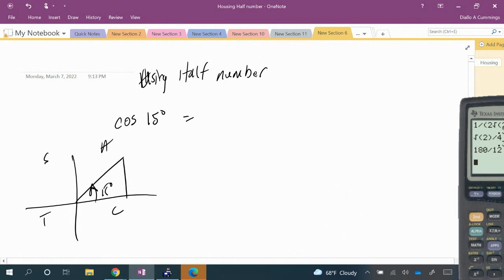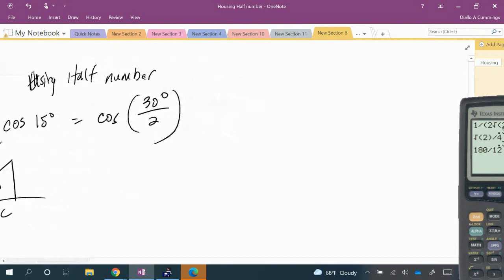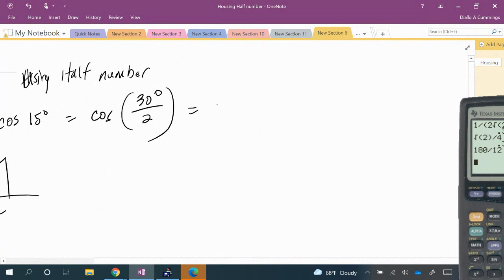So now if I'm using a half number identity, instead of trying to find 15 degrees, let's say 45 minus 30, I'm going to find 15 degrees by using 30 degrees divided by 2, right? Because 30 divided by 2 is 15 degrees, right? So we've already established that the sign is positive.